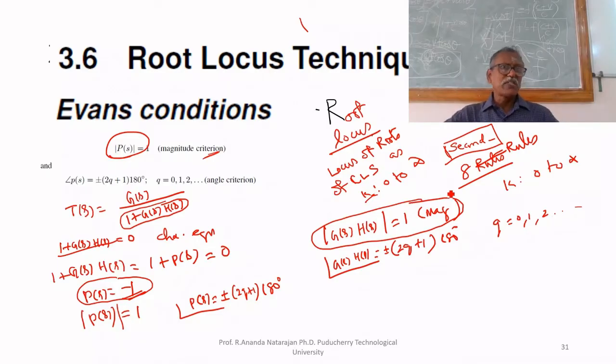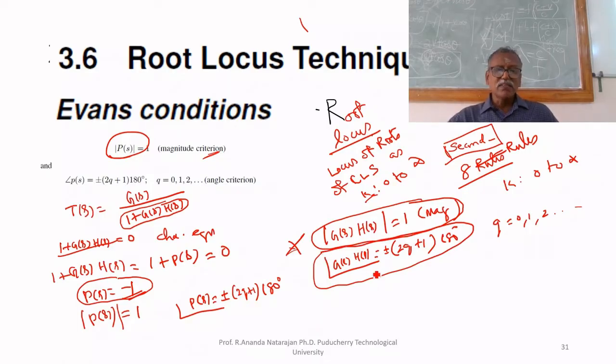If you substitute some value of k as it varies from 0 to infinity, for one value this condition will automatically be satisfied. That's why we can ignore this condition, because it is always satisfied for one value of k or another. Therefore, any point that satisfies the angle condition is a root of the denominator polynomial.